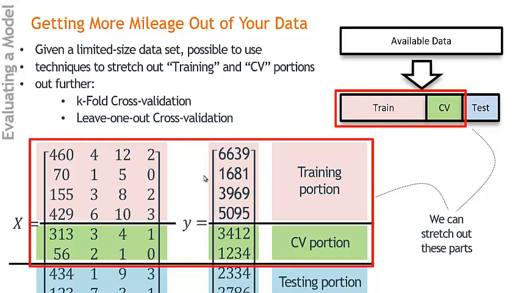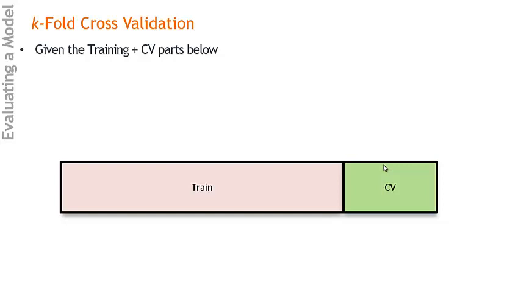And from those results, you can get an estimate of the accuracy of your model with error bars. This is also called jackknife. I won't go into that in more detail. We'll look instead at the k-fold cross-validation case.